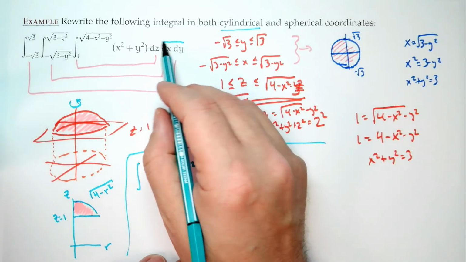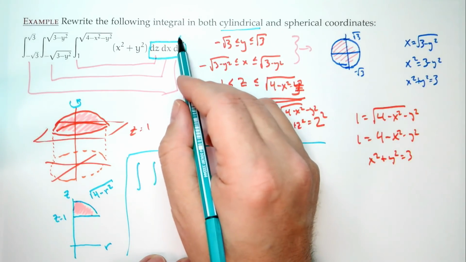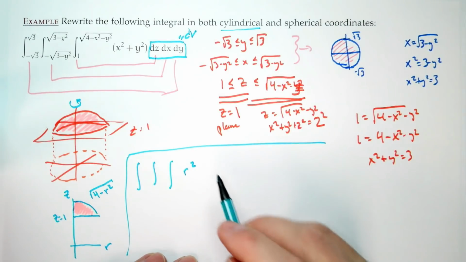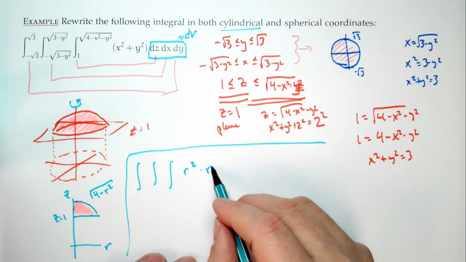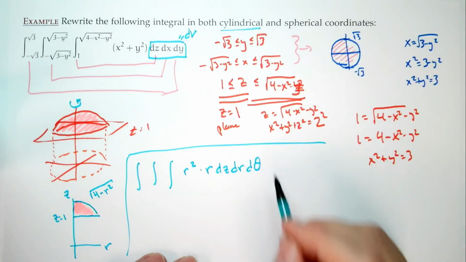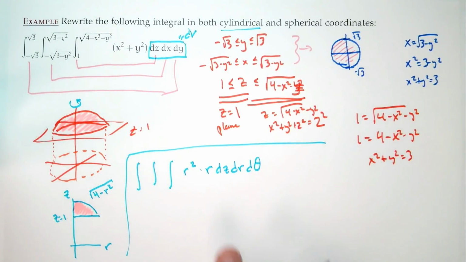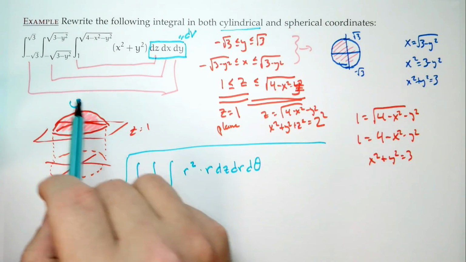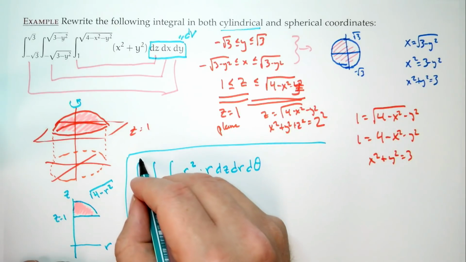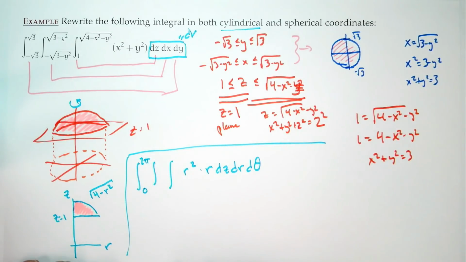The dz dx dy, that's our dv, and in cylindrical coordinates that becomes r dz dr d theta. The r is part of it. Now we need the bounds. Theta goes fully around, so that one's not too bad: 0 to 2 pi.